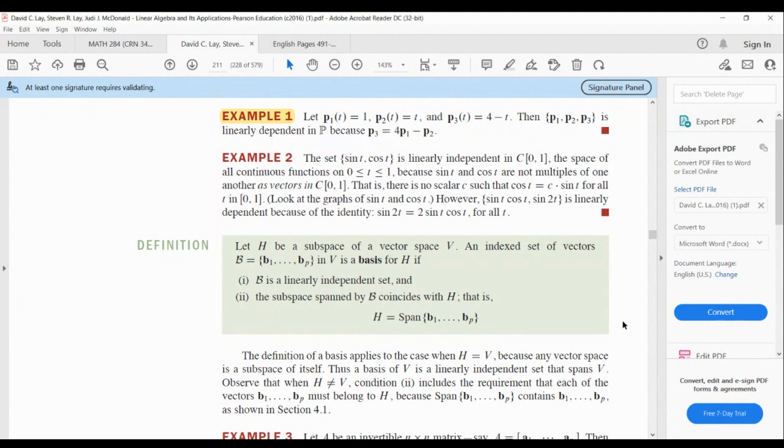Here you have polynomial vectors in example 1. This set of polynomials is linearly dependent in the polynomial space, because the third polynomial is a linear combination of the first two polynomials.